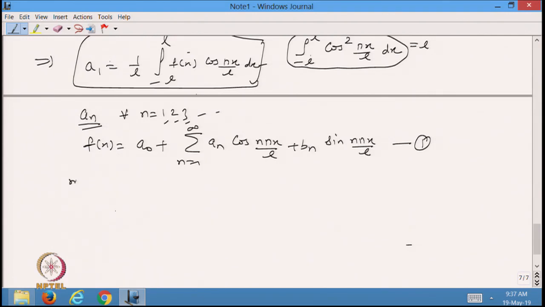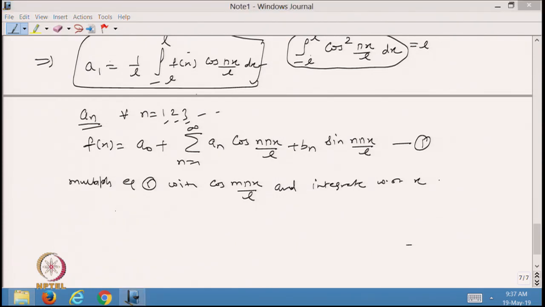Now I multiply equation number 1 with the function cos(mπx/L), and integrate with respect to x between the limits -L to +L. So in this interval I want to integrate.